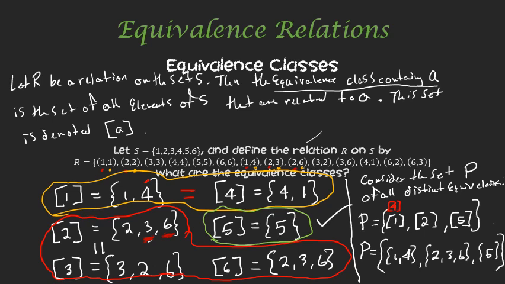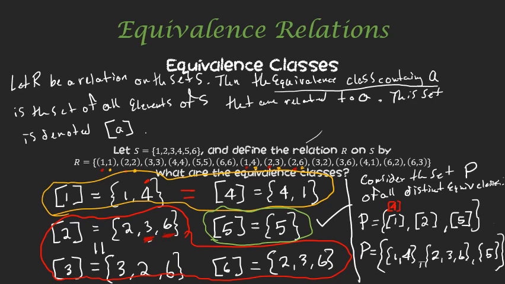So here P is a set of sets, right? Because it's a set of equivalence classes, and each equivalence class is a set. But do you notice a special property about this set of sets? Each pair of sets is disjoint. It's a pairwise disjoint collection of sets.